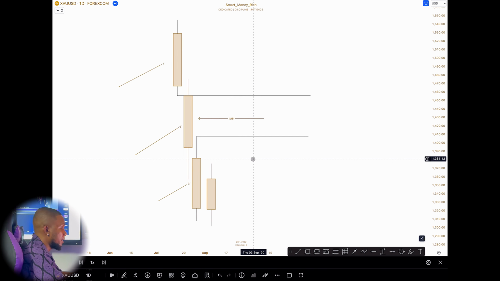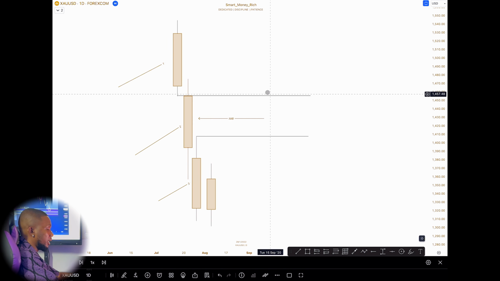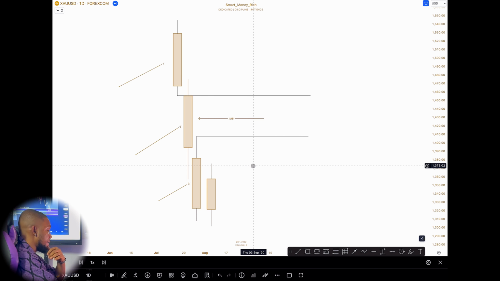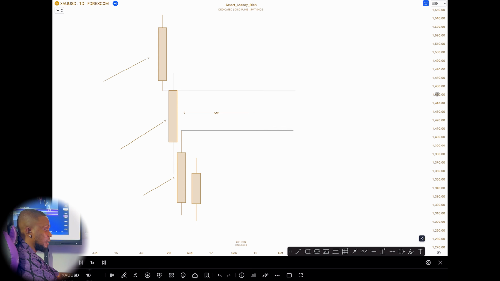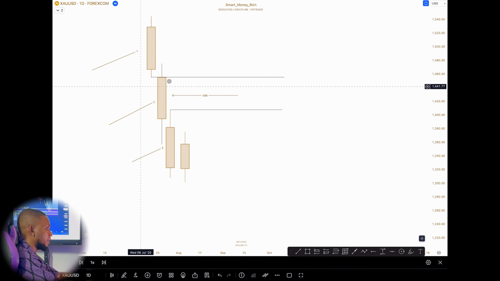So here it is, a textbook example, not a chart example. You see candle 1 right here. Let's say, for example, this is a bearish move, right? The market is bearish right here. The market is going down, right? And this is the first candle.